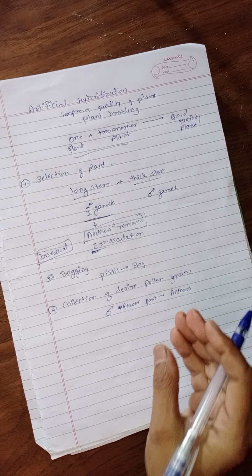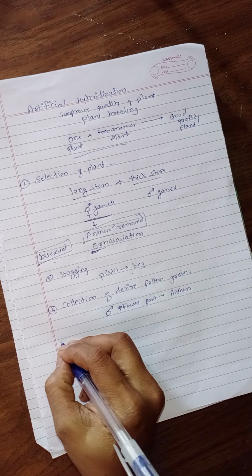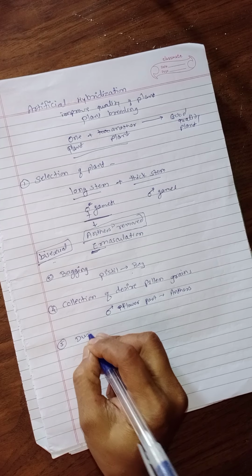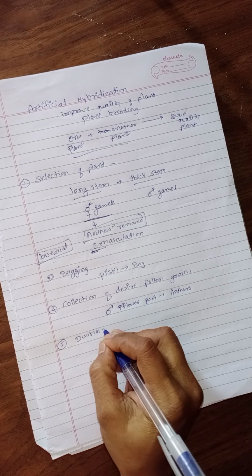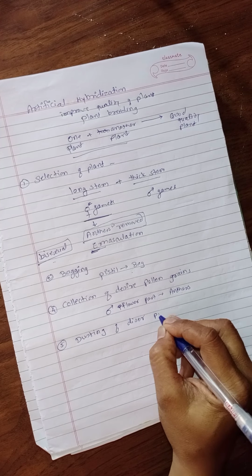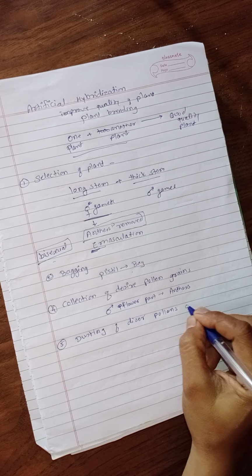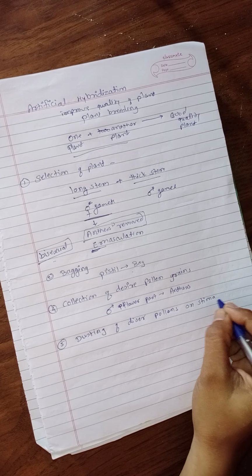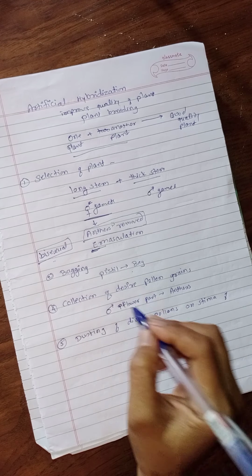After collection of anthers, the next step is dusting of these desired pollens on the stigma of the emasculated plant.